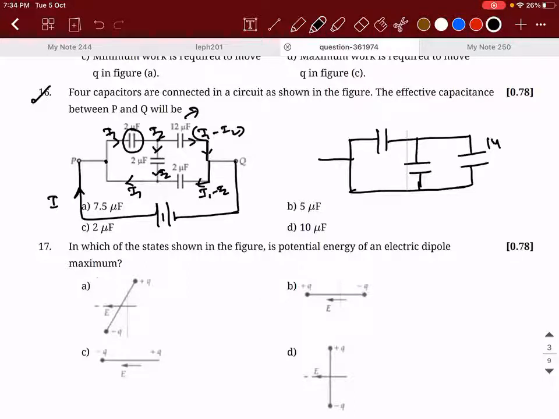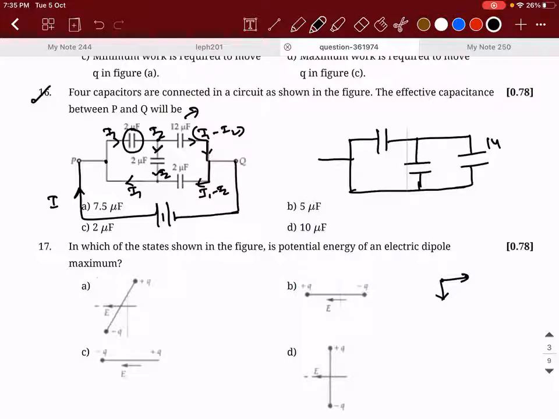So if at a junction the current is getting divided, then they are said to be in parallel. That is the reason I drew this. Imagine the capacitor is replaced with a resistor, because conceptually, yes, it is wrong. But I drew it only for you to understand what is happening at the junction and to decide which one is parallel and which one is series. Are you able to understand what I'm trying to say? Yes, sir. Right. So if the current is getting divided, then they are said to be in parallel.